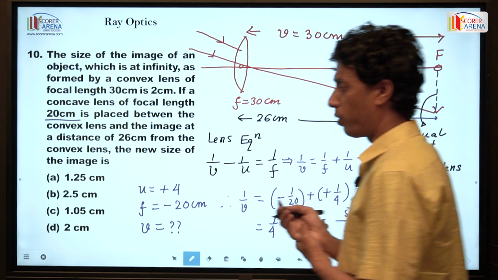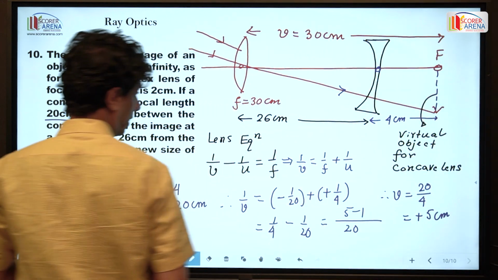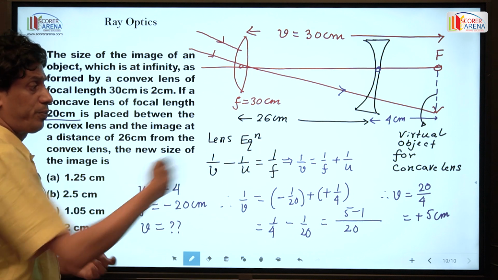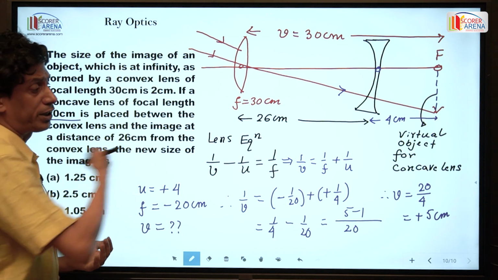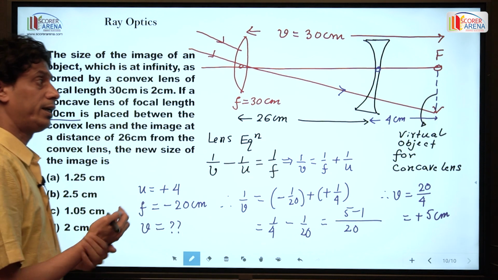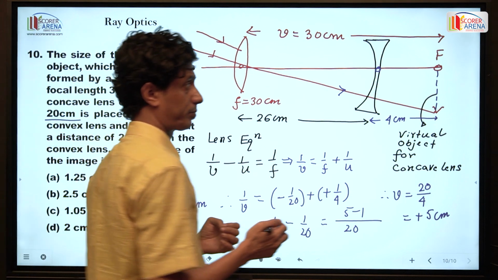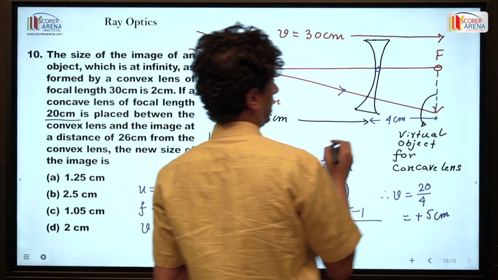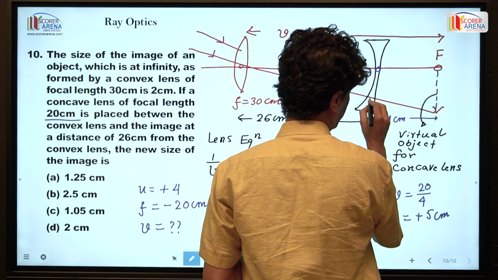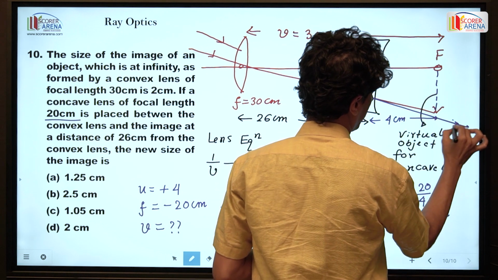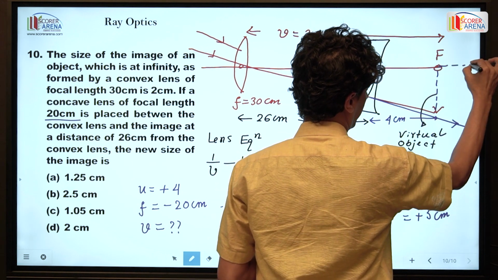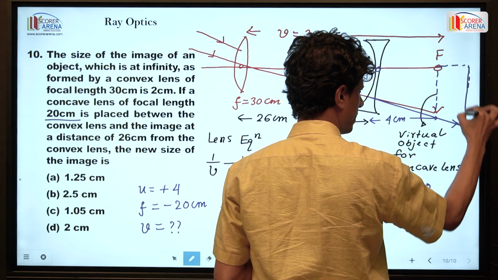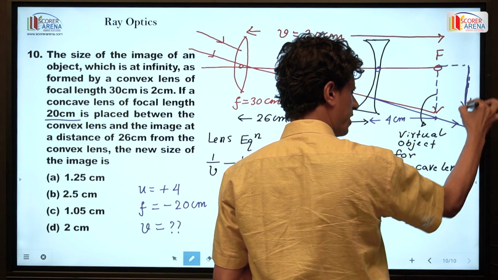So the image is formed along the direction of light. In this case the image formed is real.